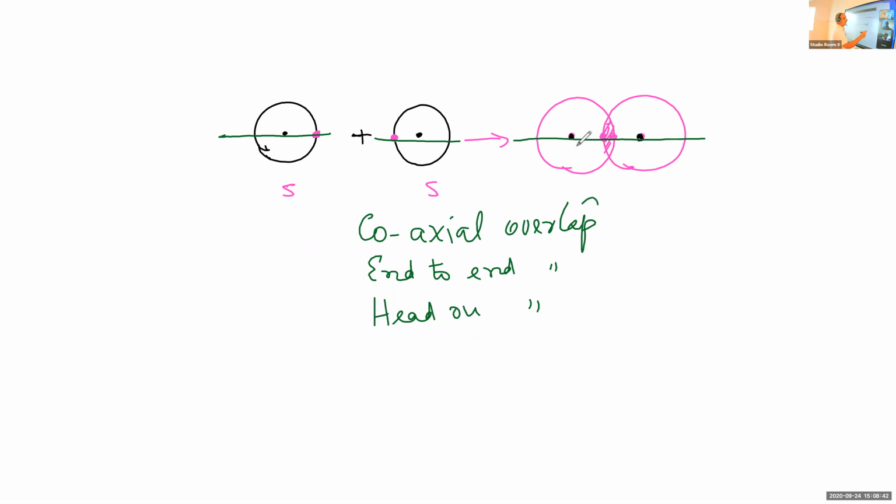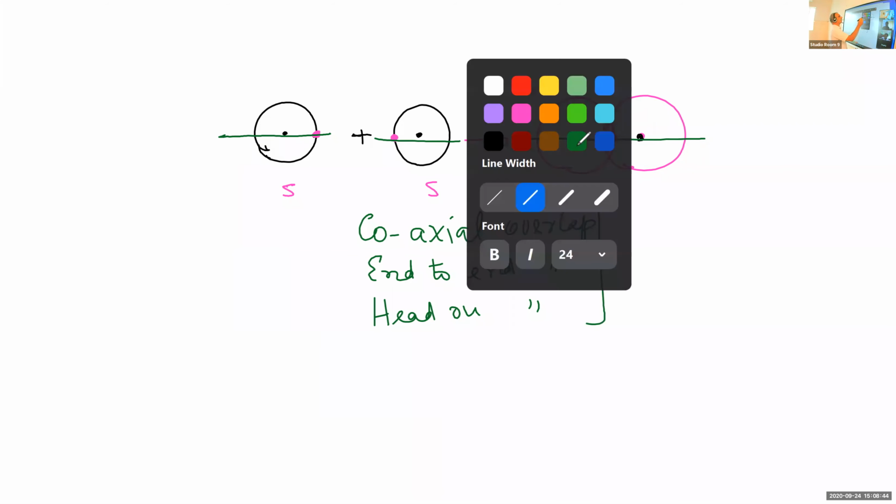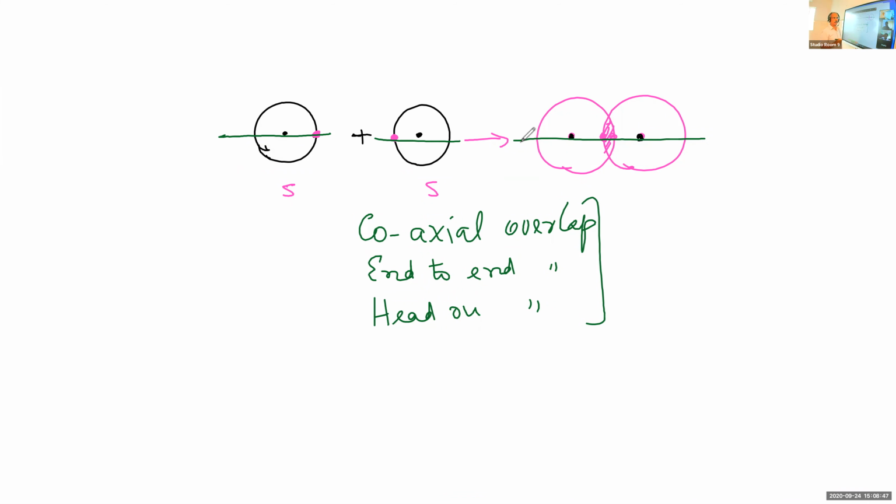So the covalent bond formed by the coaxial overlapping of atomic orbitals is known as a sigma covalent bond. The symbol is sigma. So what is a sigma covalent bond? A sigma covalent bond is the covalent bond formed by coaxial overlapping or end-to-end overlapping or head-on overlapping of two atomic orbitals.